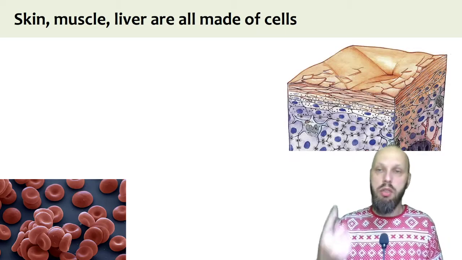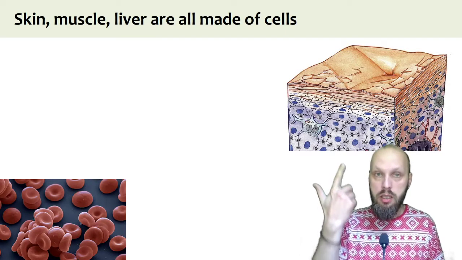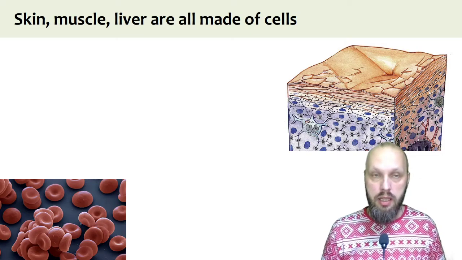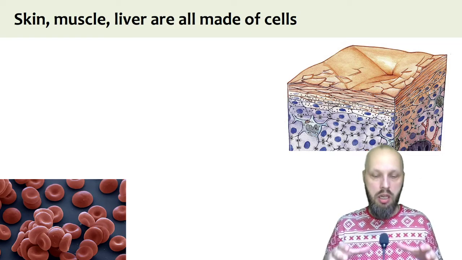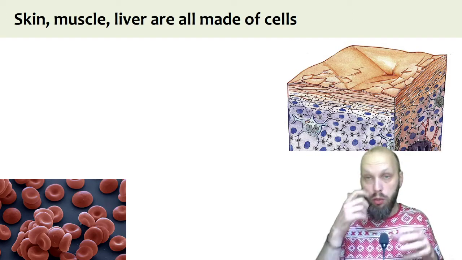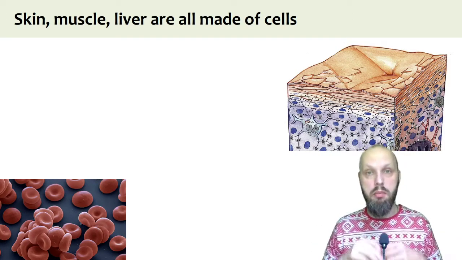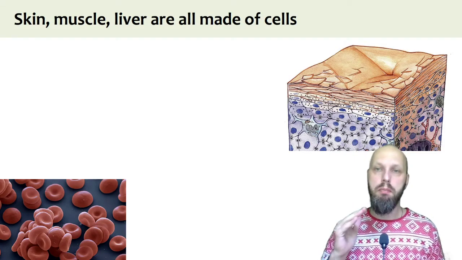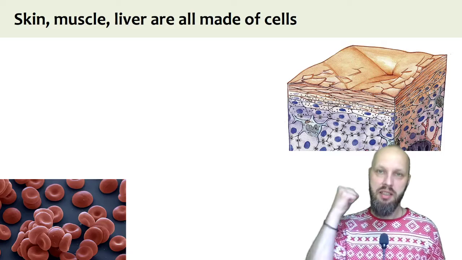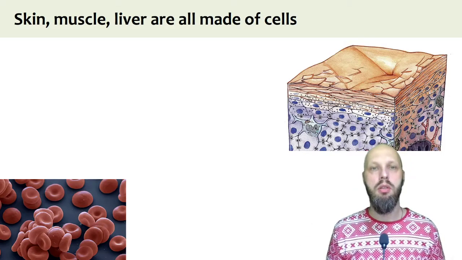Or look, these are skin cells, and skin cells are flat, and each skin cell covers a little bit of an area, so altogether they cover a lot of the area and they make up skin. So again, same pattern, each cell does a little part in the big task that this tissue does.